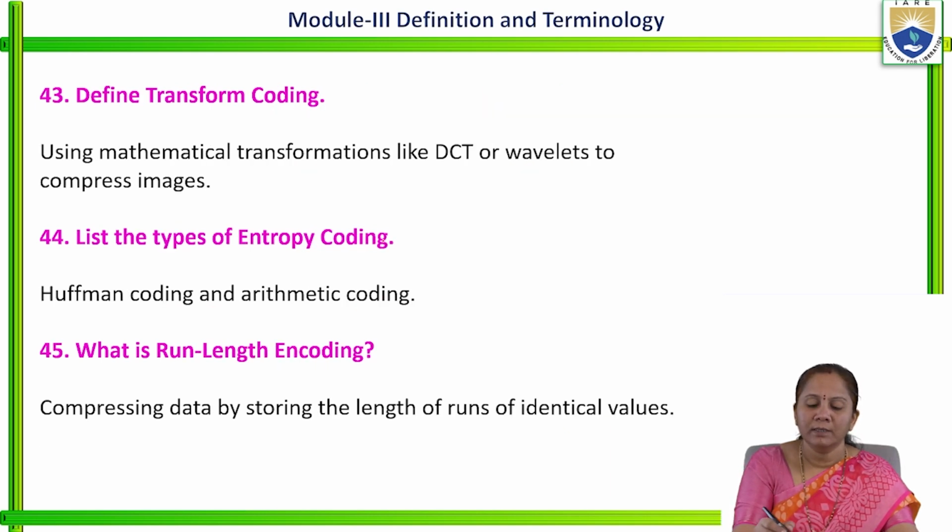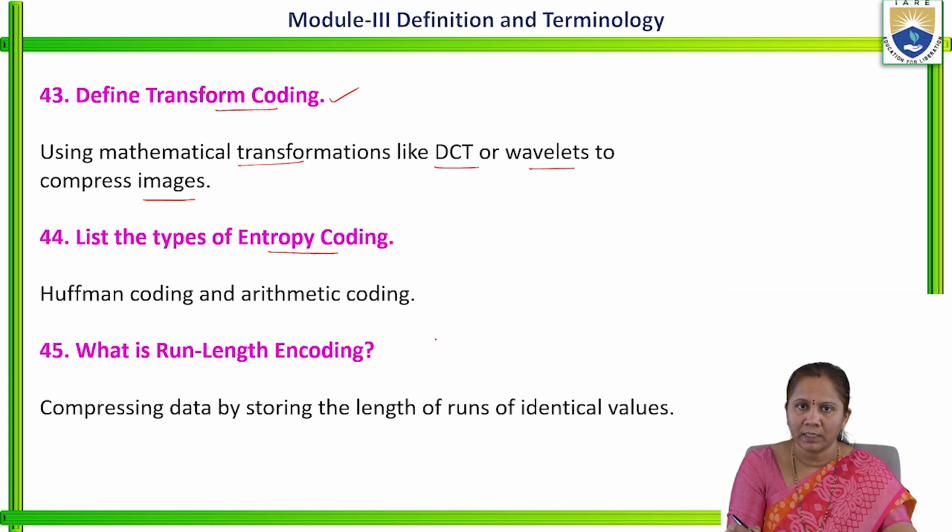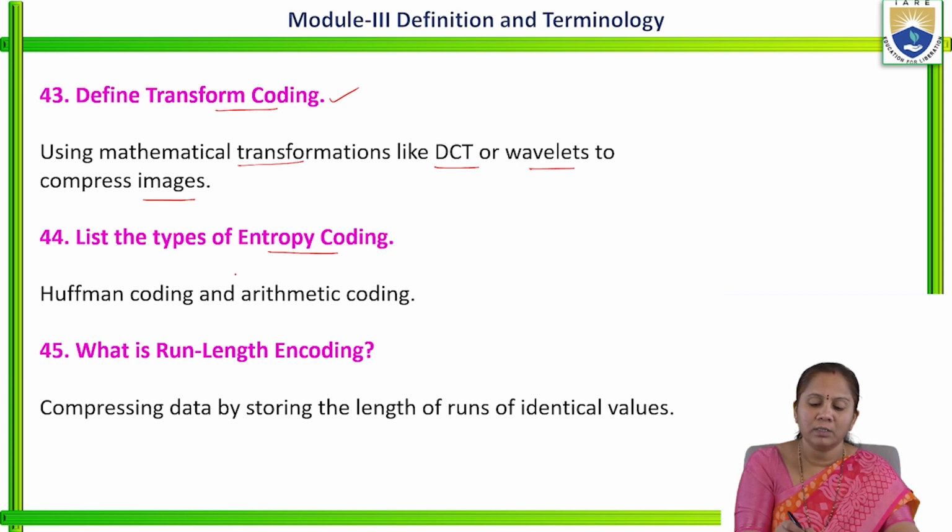And next one is define transform coding. Using mathematical transformations like the discrete cosine transform or wavelets to compress the image is called transform coding. List the different types of entropy coding techniques. Different types of entropy coding techniques are there.